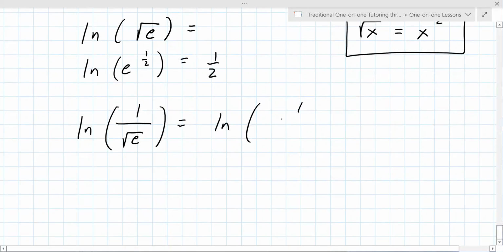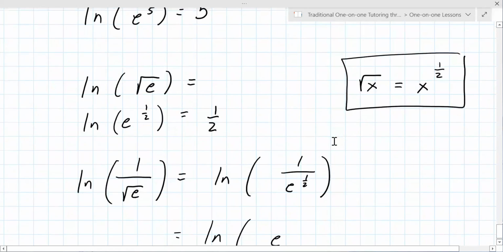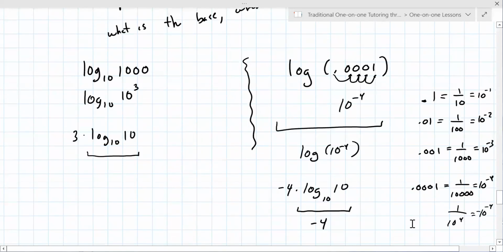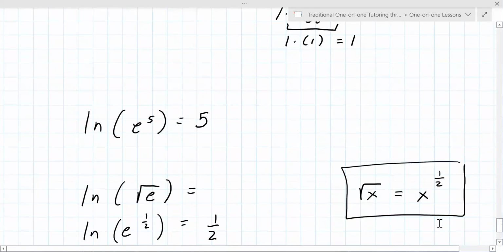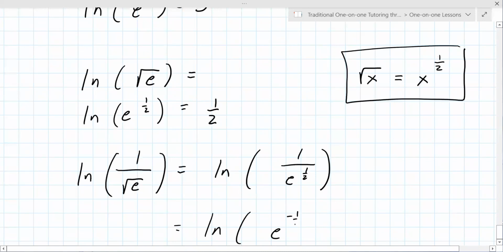So it's 1 over e to the 1 half power. To bring the e to the 1 half up, what happens to the exponent? Let's go back and look at the previous problem with the tens. What happened to the 10 to the fourth? It became 10 to the -4. So this becomes e to the negative 1 half.